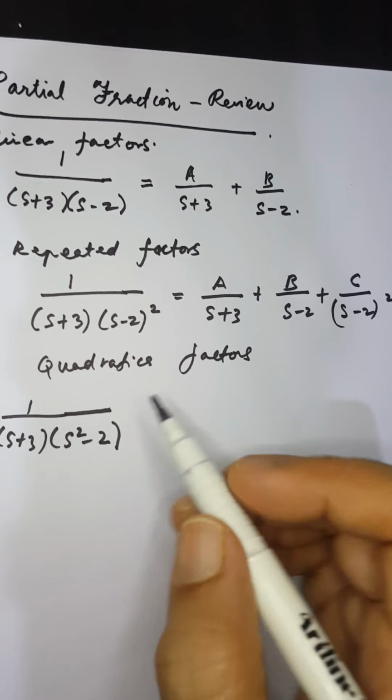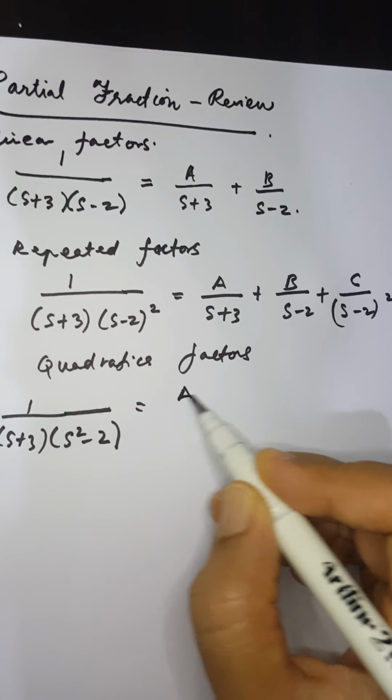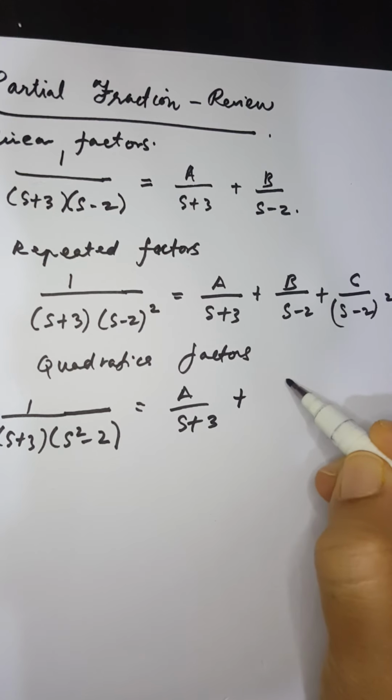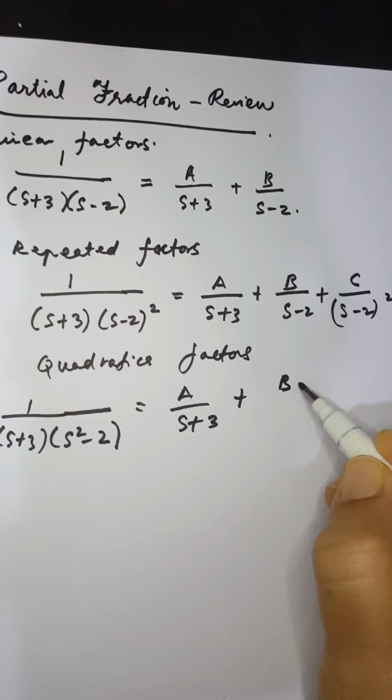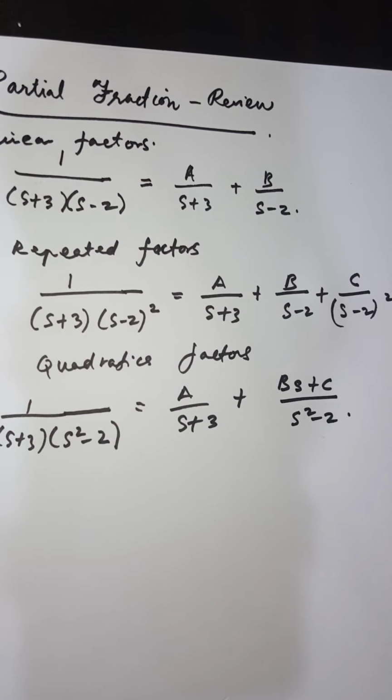One of the factors is in terms of quadratic. So we have A over s plus 3, and as you can remember, plus, at the top of the s squared minus 2 we will have Bs plus C over s squared minus 2.